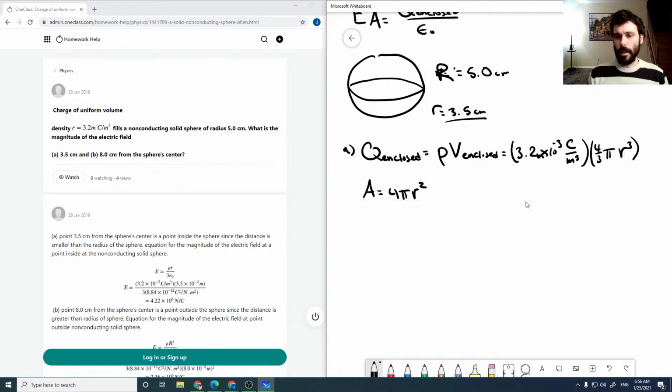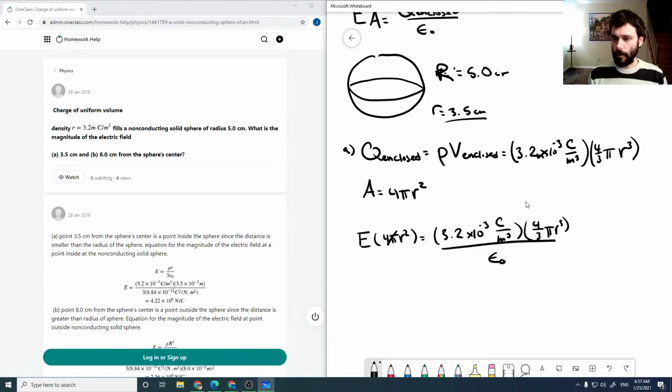So we can say that E times 4 pi R squared is equal to 3.2 times 10 to the minus 3 coulombs per meter cubed, 4/3 pi R cubed, over E naught.